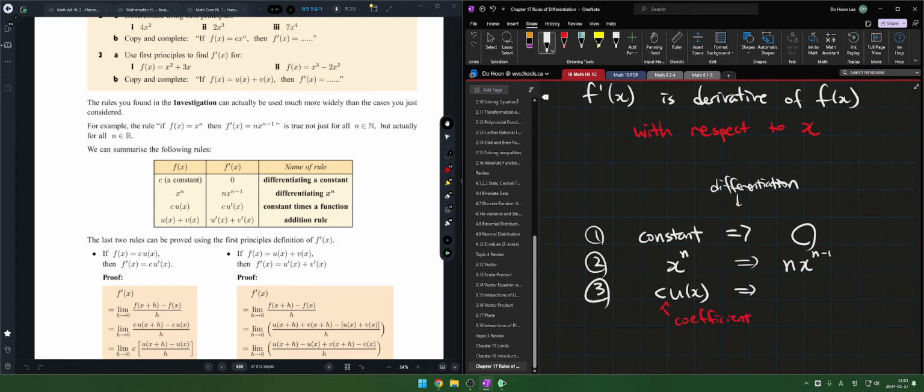Coefficient, unlike the constant, it stays there. It just lingers on. So then we simply find the u prime x with c still there.